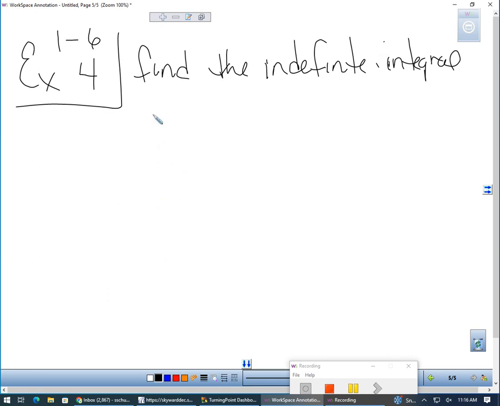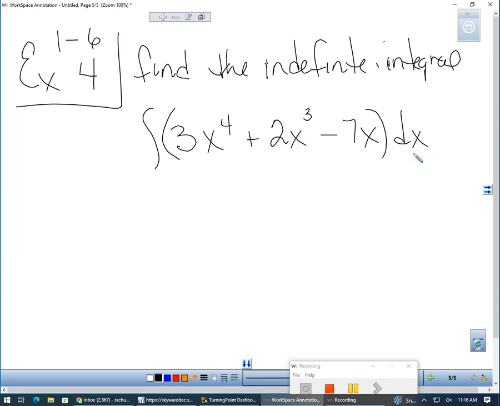So let's say I have something that looks like this. The integral of 3x to the fourth plus 2x to the third minus 7x dx. Are there any things in there that are a product or something inside of something else? No. So this is straight up antiderivatives.